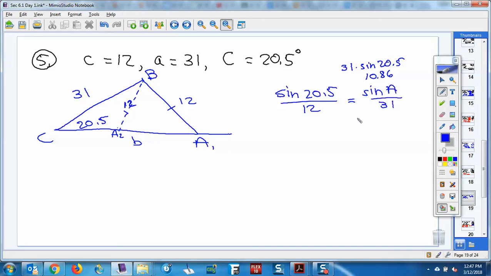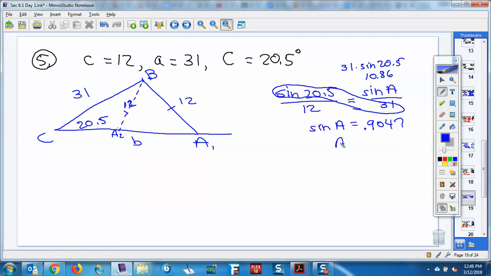And so, cross multiply. We get sine of A equals, I'm not saying you have to write this every time, but I like to write it. It reminds me that there's more than one possibility. Sine A equals what? 0.9047, which, again, there's 2 different angles, first and second quadrant, where that can be.